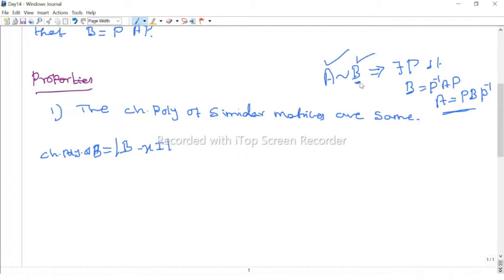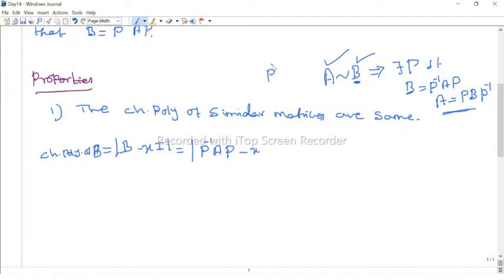First we start with the characteristic polynomial of B. That is nothing but determinant of B minus xI. Now, since B is similar to A, B is nothing but P inverse AP minus x times the identity matrix.